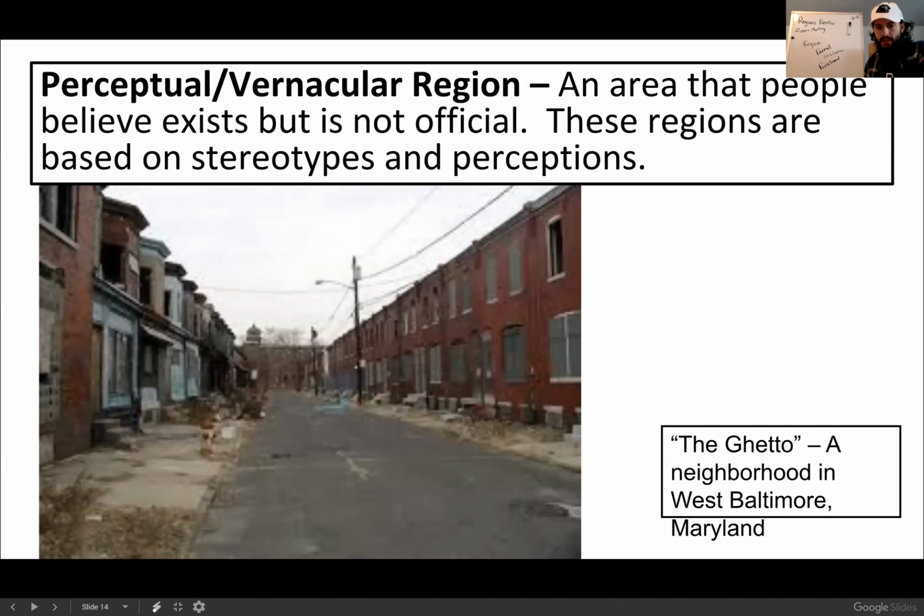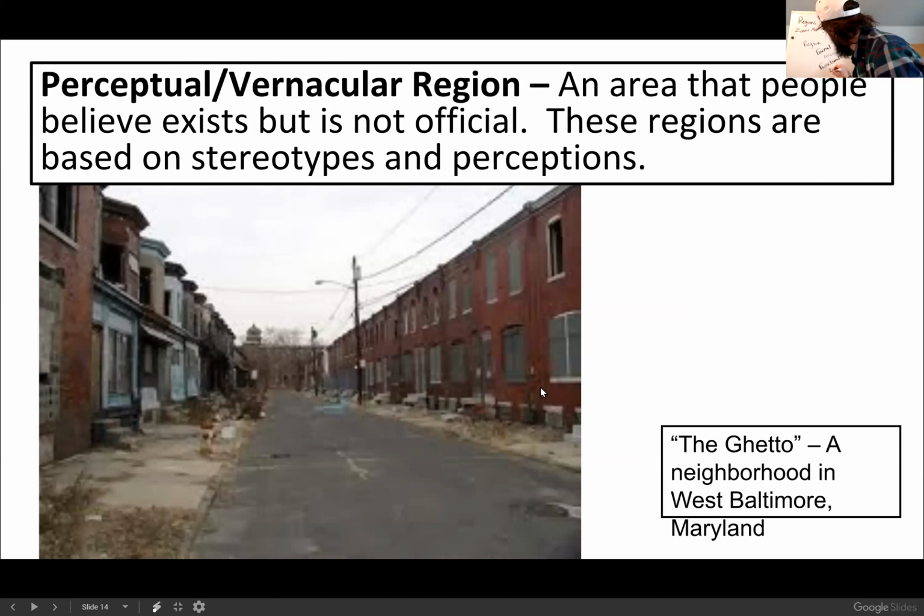But here's the thing, guys, do you think that neighborhood officially calls itself the ghetto? No, it does not. It's based on pure stereotypes and perceptions. That neighborhood has a very different name that they go by if they want to be official. But due to perceptions and vernacular, people also call it the ghetto.